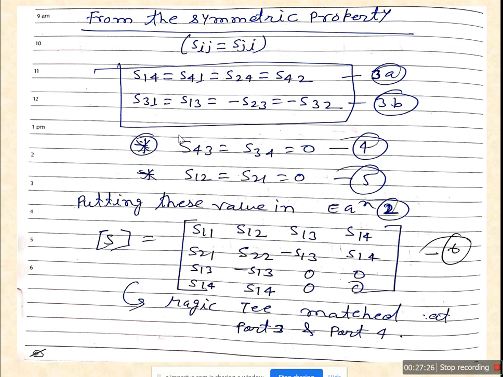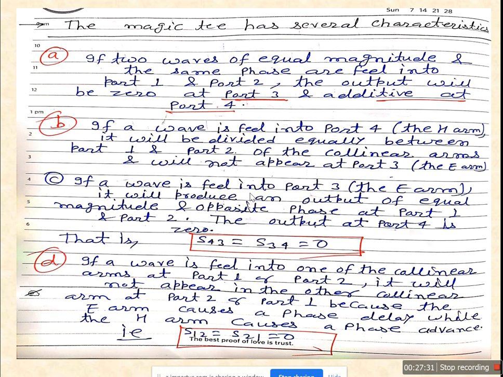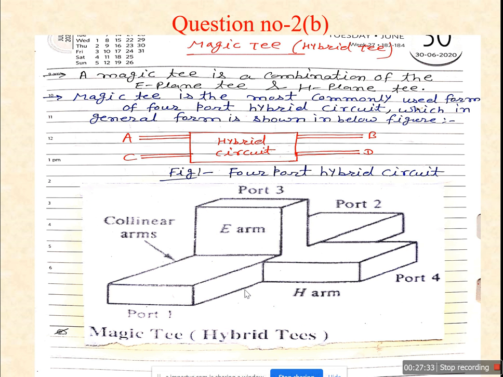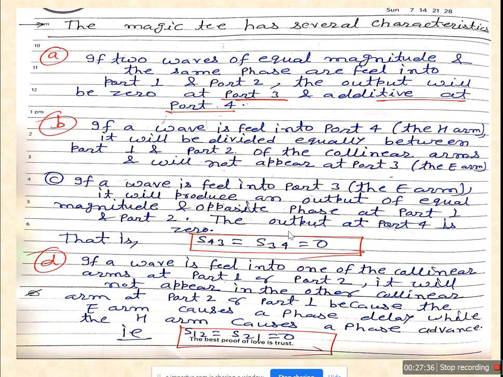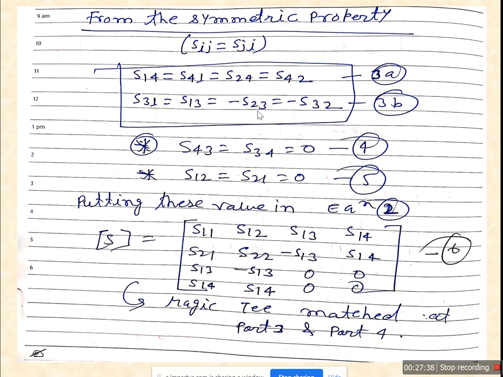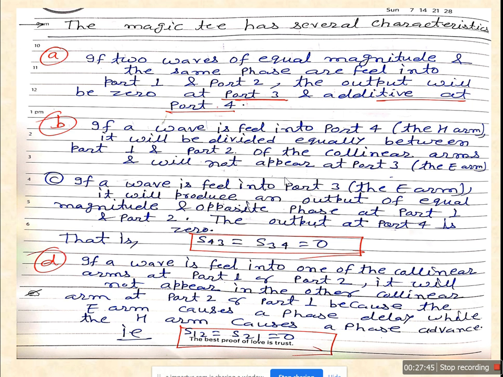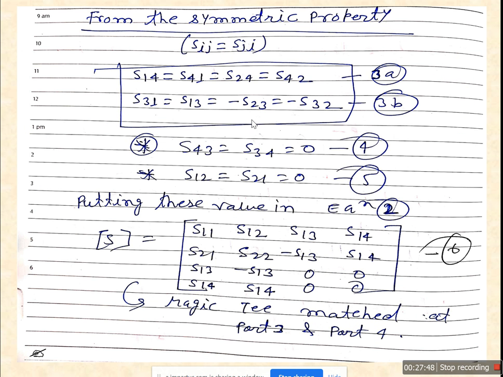Here you see port 3 to 1, and here 2 to 3. S31 is equal to S32, but with a minus sign, because the property of the E-plane tee applies here and makes it negative. And S43 equals S34 equals 0, and S12 and S21 are also 0. Put these values here. Magic tee is matched at port 3 and port 4.